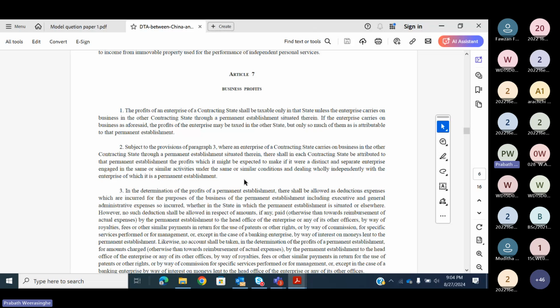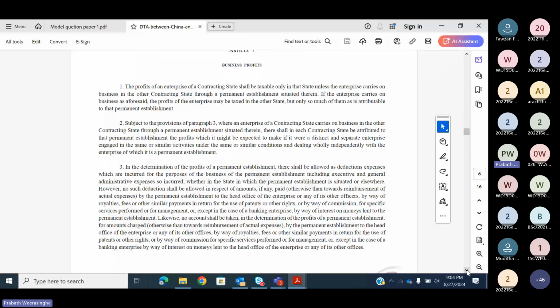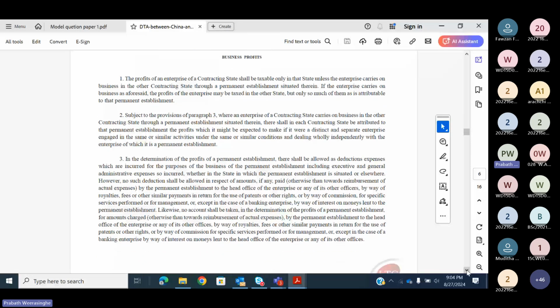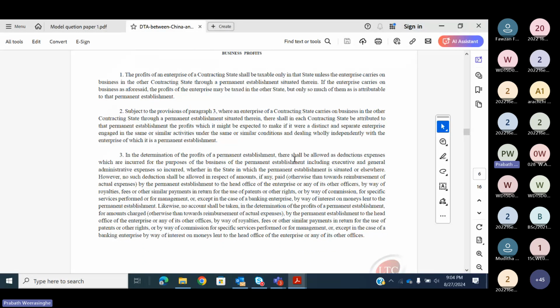In that way we have to work out the taxable income, right? And in determining the profit of the permanent establishment, there shall be allowed as deductions expenses incurred for the purposes of the business of the permanent establishment, including executive and general administrative expenses so incurred, whether in the state in which the permanent establishment is situated or elsewhere.